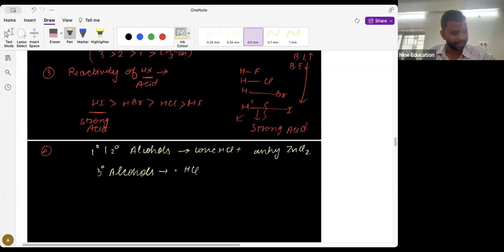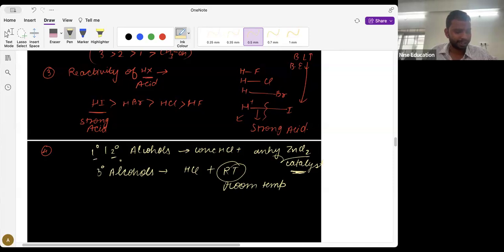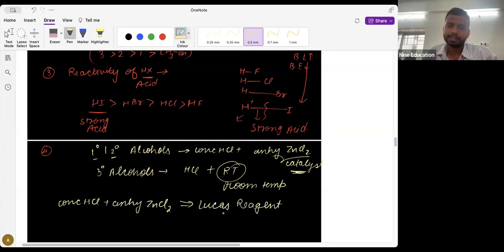You don't need the anhydrous ZnCl2 catalyst either. This reaction you can do at room temperature also. Catalysts are required to favor the reaction: if you have 1-degree and 2-degree, you can favor the reaction and it can go very fast. See beta, this concentrated HCl plus anhydrous ZnCl2 is called Lucas reagent.